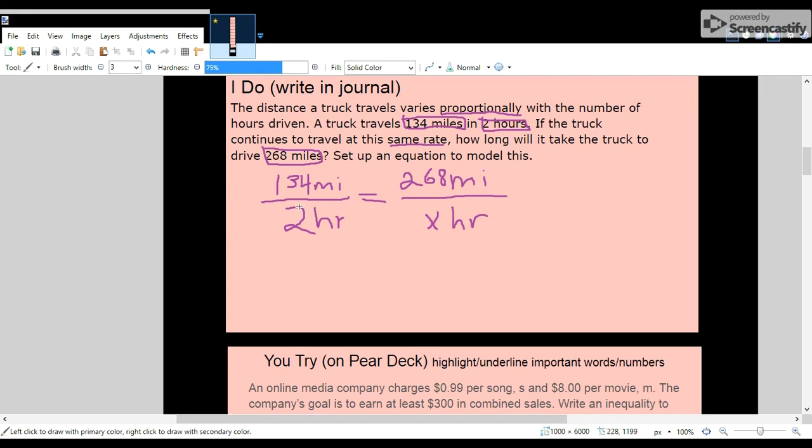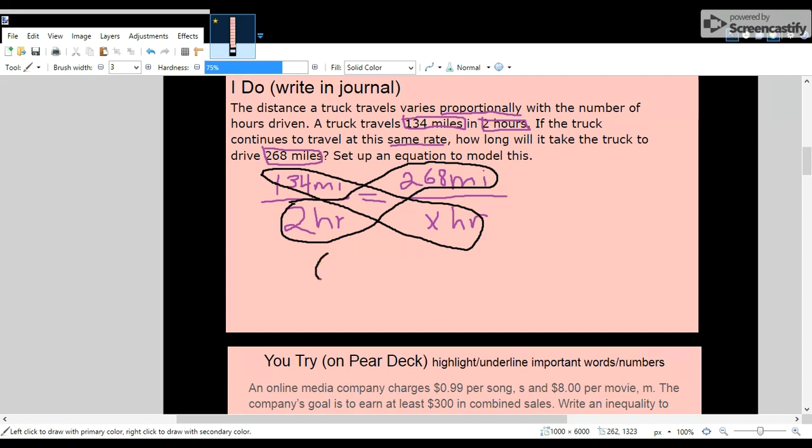To solve this proportion, first we cross multiply. We can only cross multiply if there is an equal sign in between the two fractions. So 2 times 268 is 536, and 134 times x is 134x.